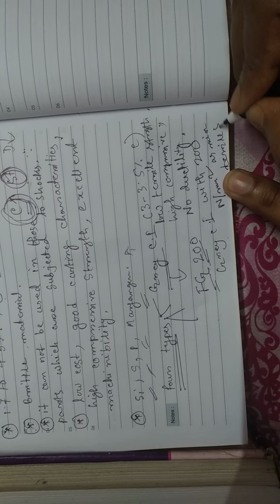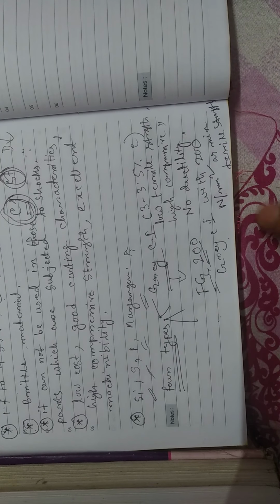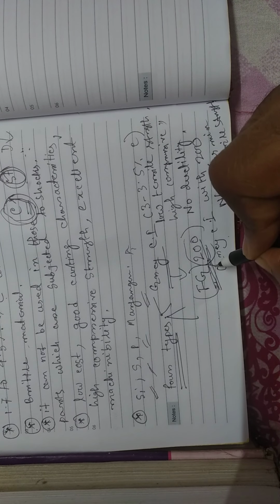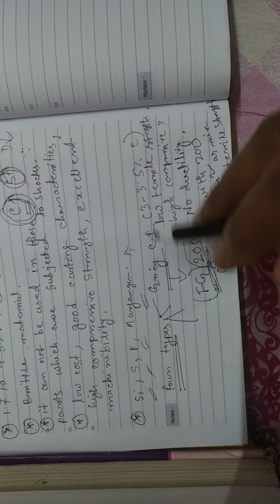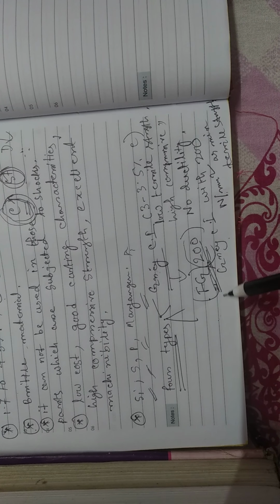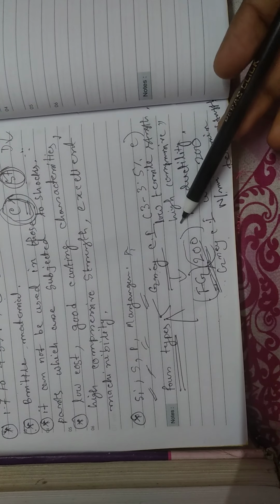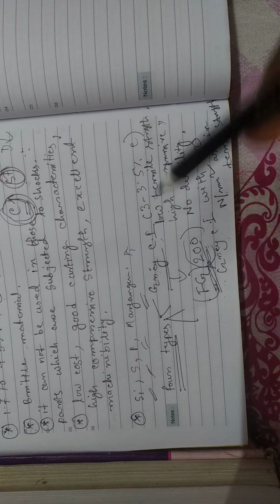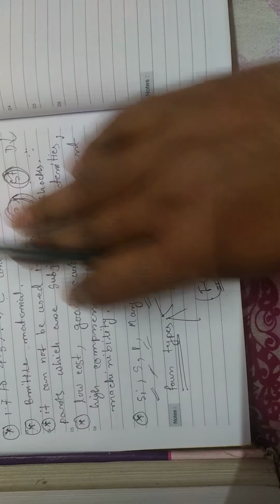FG means free graphite, because in gray cast iron the graphite is in the form of free graphite. And the figure may be 150, 200, or 250, which suggests the minimum tensile strength that can be given by the gray cast iron. So that's all for gray cast iron.